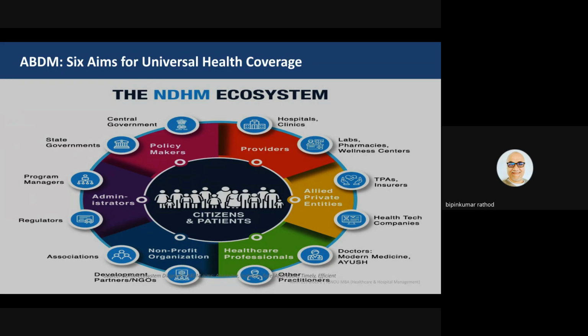In the center of the circle, you see the citizen and patient. Any universal healthcare coverage is actually focused on the country's citizen and the country's patient. And the rest of the players are evolving their services, their tools, their technology around the patient and citizen of the country.